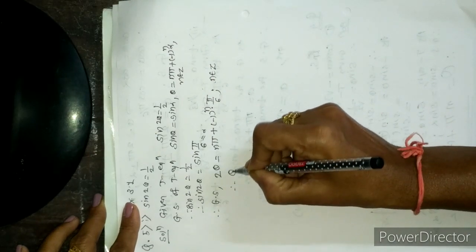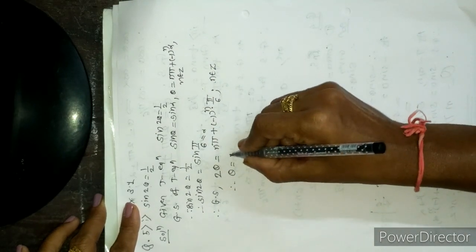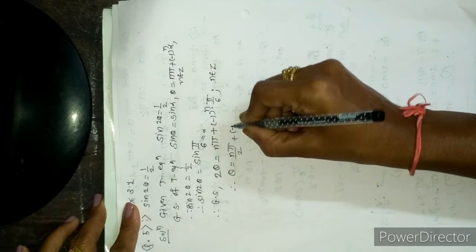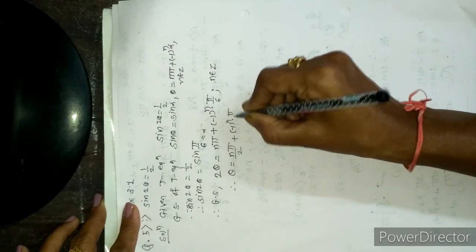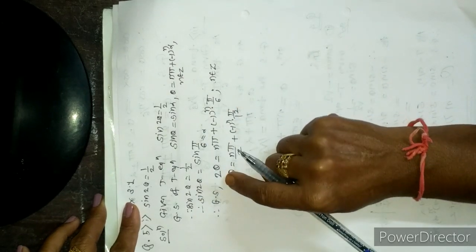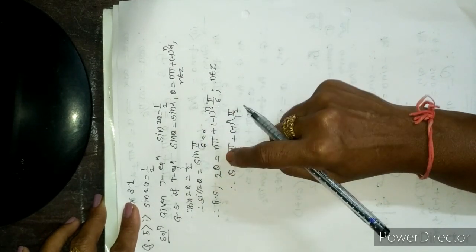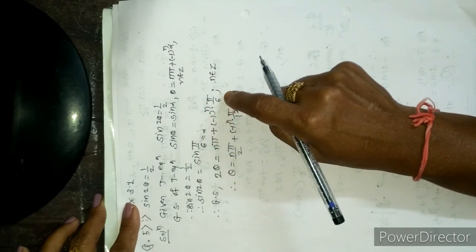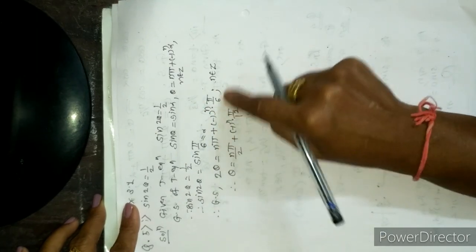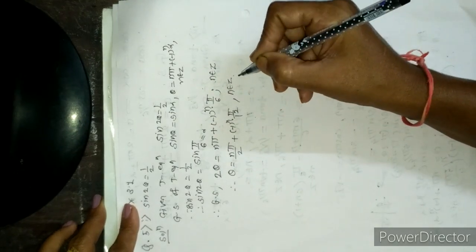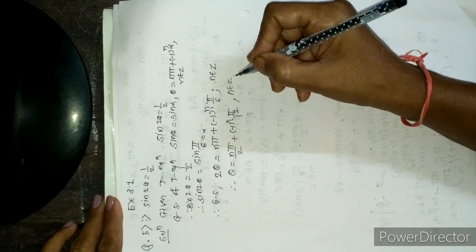Therefore the required solution for the value of theta is n pi by 2 plus minus 1 raised to n times pi by 12. Means we can take this multiple 2 divided to the right side, so 1 by 2 times this whole addition, or you may divide 2 into all terms. So this is the general solution for the equation sine 2 theta equal to half.